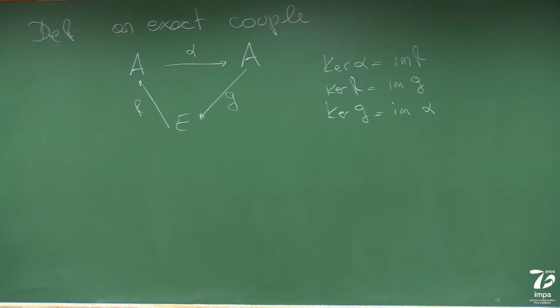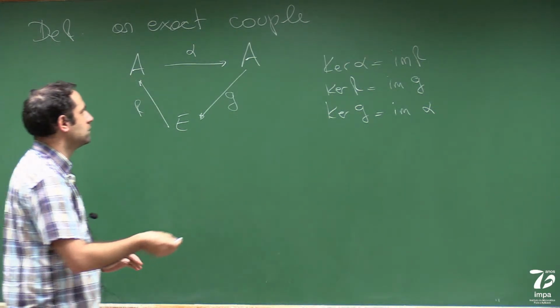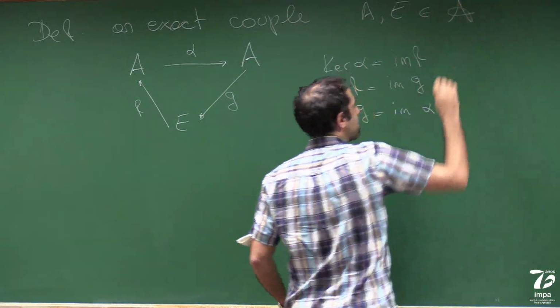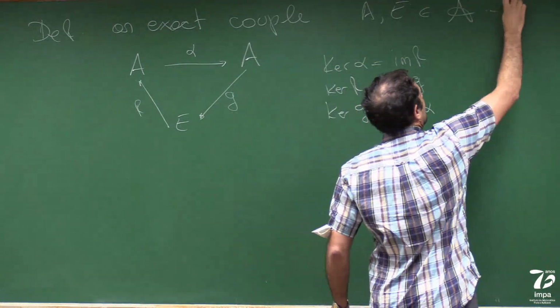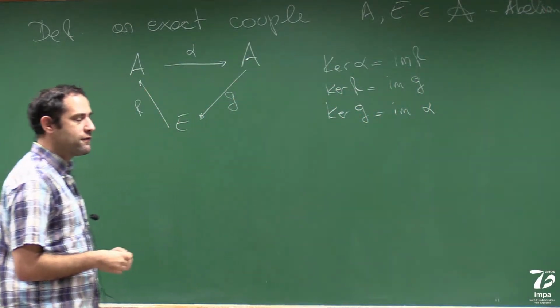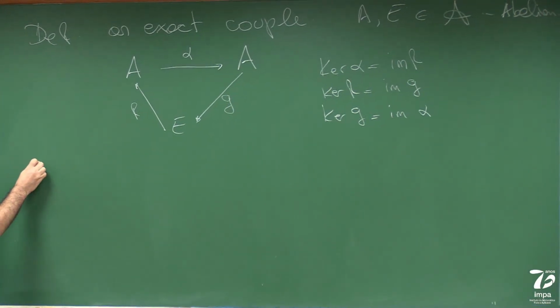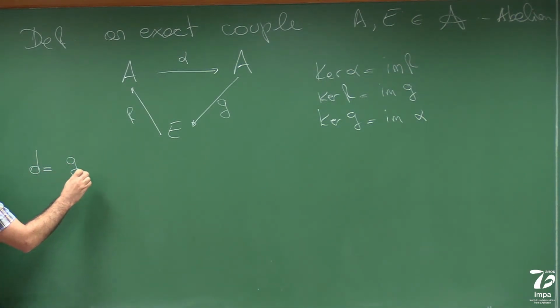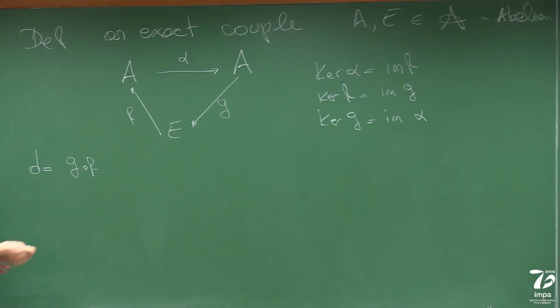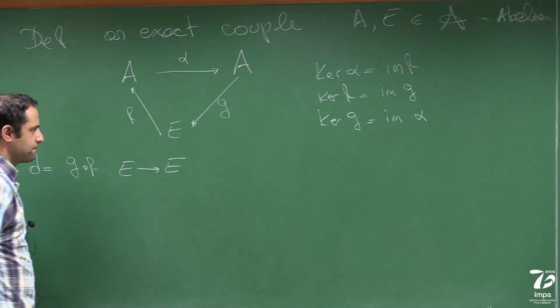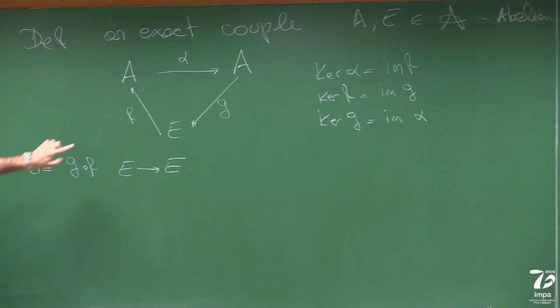If we're given such a situation, and this is in an abelian category, A and E are objects in an abelian category, then we can define D to be the composition of G with F. So this is an endomorphism of E. And notice that D squares to 0.